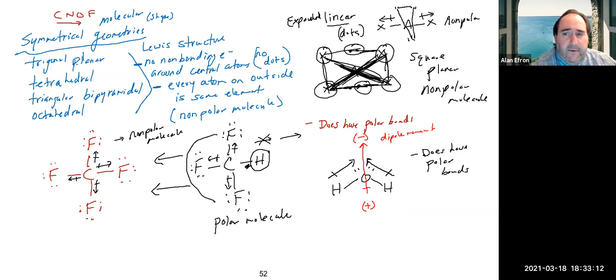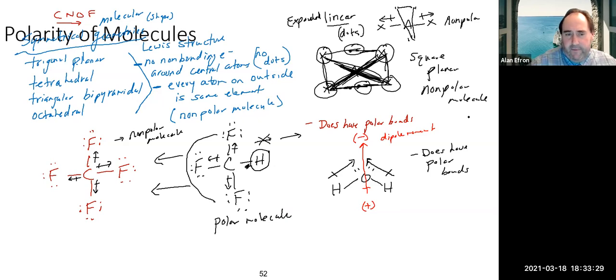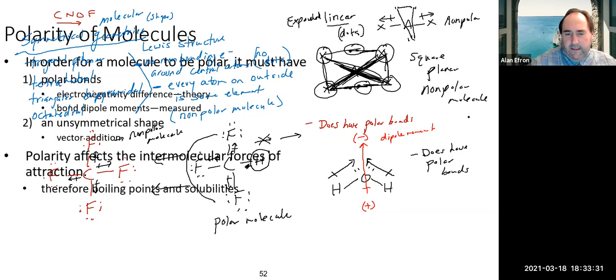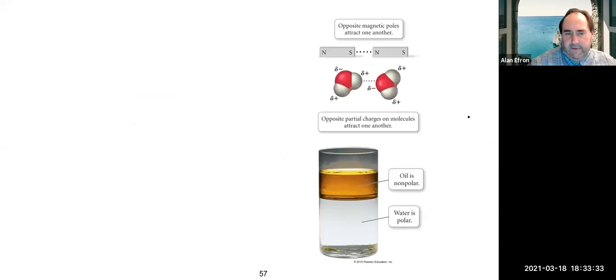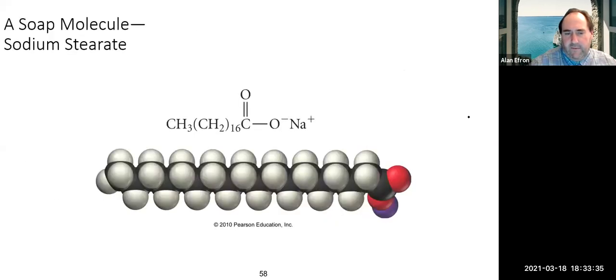Let's take a look at some examples here, and let's give you an opportunity to try to determine if it's a polar or non-polar molecule. Let's jam through these real quick.